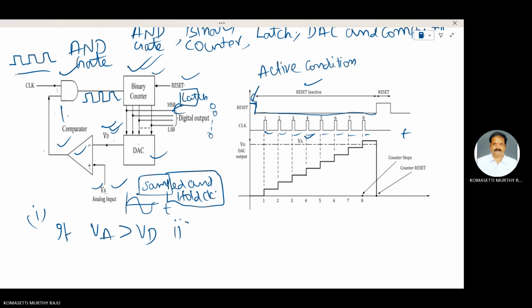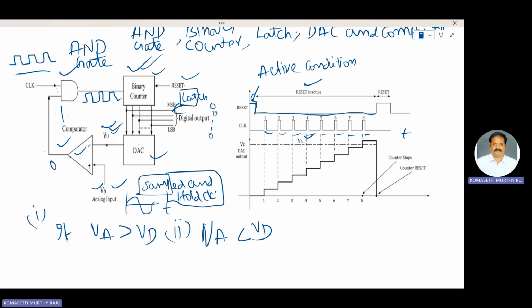Case 2. When VA is less than VD, meaning VD is connected to the negative terminal of the comparator and VA is connected to the positive terminal, the output of the comparator is 0.